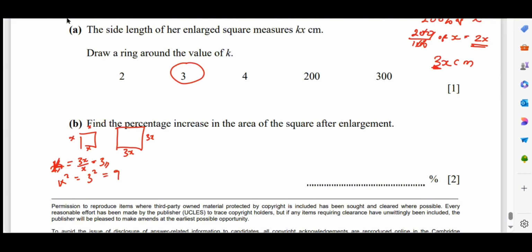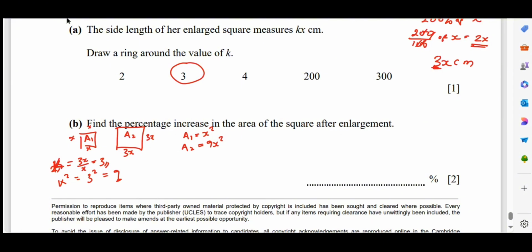With this 9, it simply means that you can even find the area. Let's call this A1 and this A2. A1 equals x squared and A2 equals 9x squared.